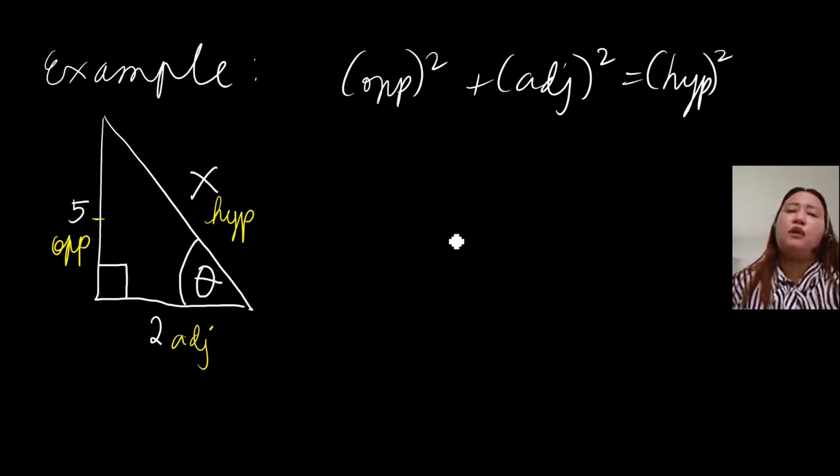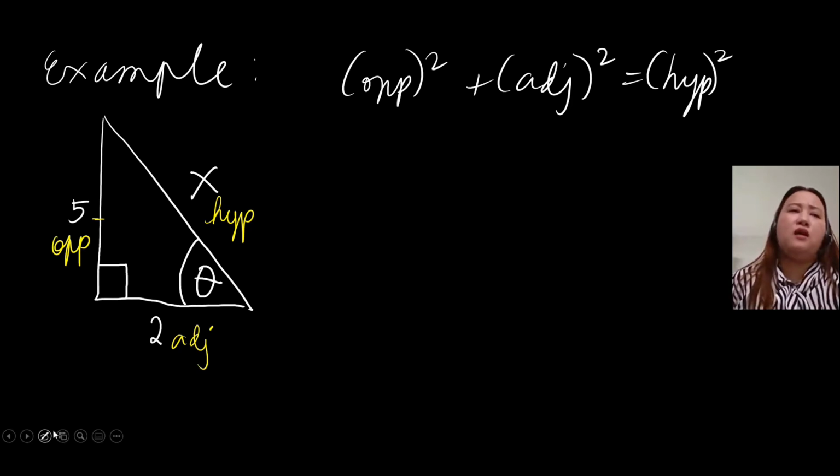Again, if you would like to use a squared plus b squared equals c squared, you may do so. You just assign letters on the vertices. But to make it easier or faster, you just determine the opposite, adjacent, and hypotenuse, then make use of this formula. But it's up to you. In which one are you comfortable, or which do you find easier to use?